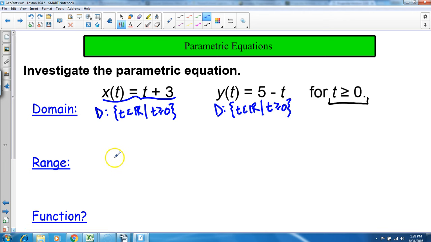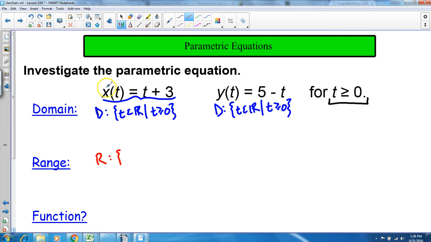All right, my range values. Now let's think about what the range values are going to be on this. If I plug in 0 for t, which is the lowest value for the domain that I can plug in, my x of t is going to spit out something that looks like this.